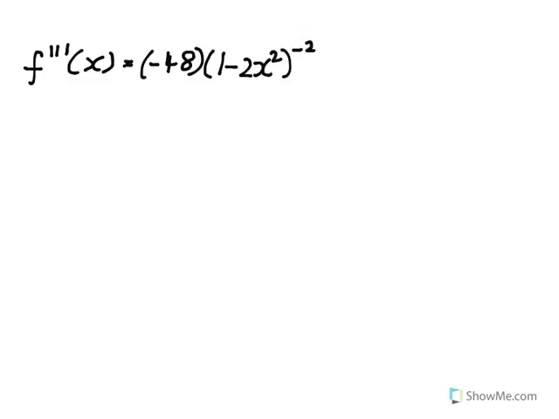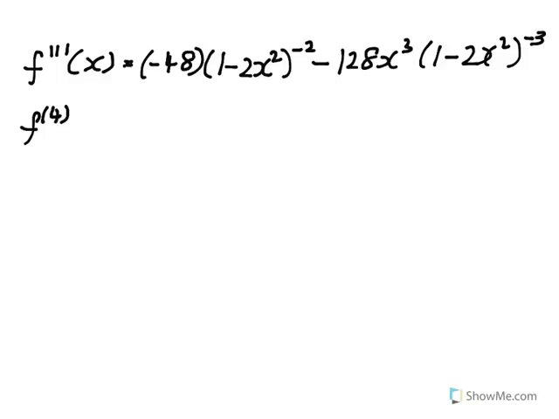Okay, so again, you need to differentiate one more time, and your third derivative f triple prime x should be equal to negative 48 x (1 minus 2x squared) to the power of negative 2 minus 128 x cubed (1 minus 2x squared) to the power of negative 3. Okay, one more time you differentiate again. Remember, when we differentiate the fourth time, we put a bracket on the 4, so this is not a composite function.